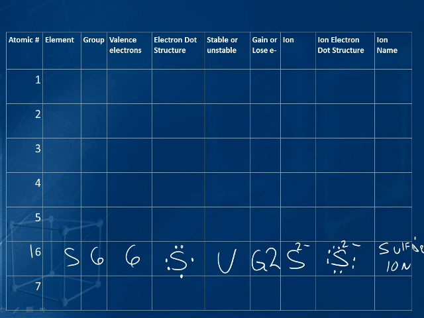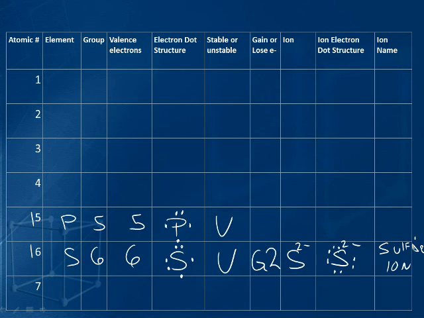All right, let's just try one more. How about phosphorus, number 15? Phosphorus, group 5, valence electrons 5, dot structure 1, 2, 3, 4, 5. Stable or unstable?